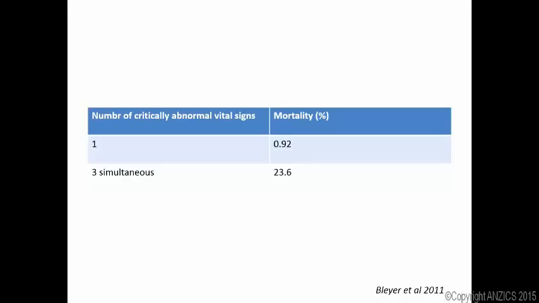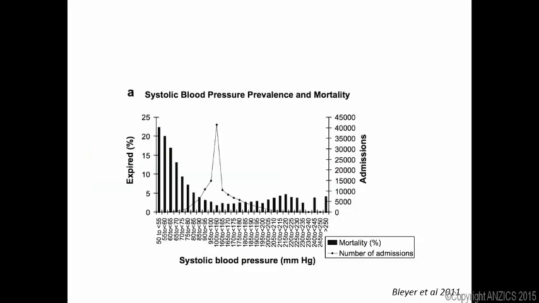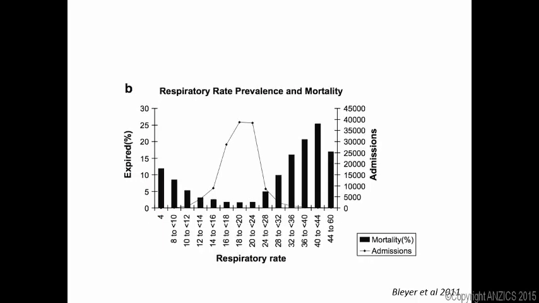And they drilled down into their data and looked at individual vital signs. And when we break their data down into these vital signs versus mortality, the relationships that we know to be intuitive become black and white. So when your systolic blood pressure falls below 90, you can see your mortality rises exponentially. And looking at respiratory rate, we all know that respiratory rate, or tachypnea particularly, is a powerful predictor of critical illness.